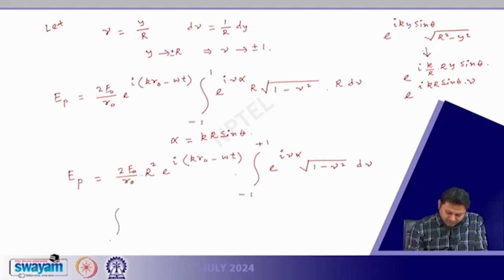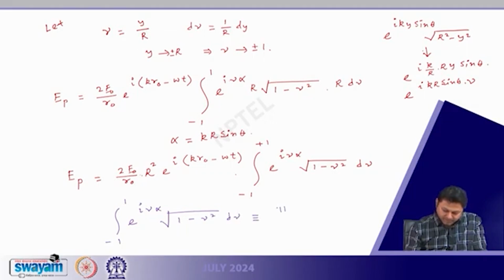So, the integral from minus 1 to plus 1 of e to the power i nu alpha, root over of 1 minus nu square, d nu, is equivalent to pi divided by alpha times the Bessel function of first kind J1 alpha.